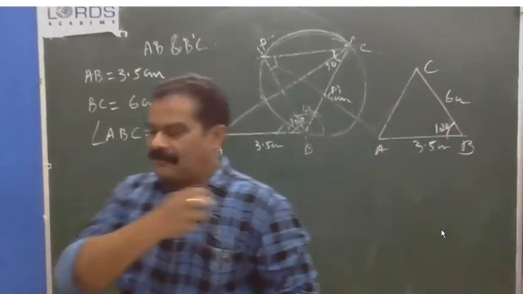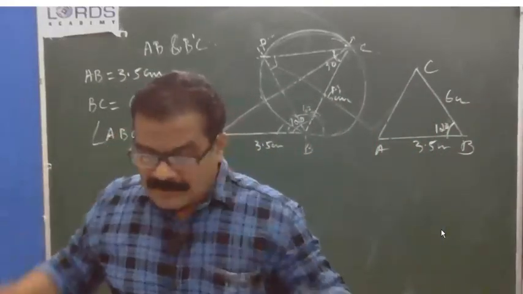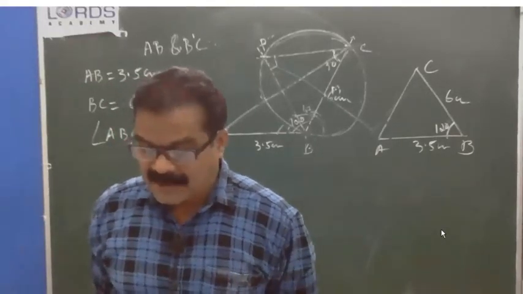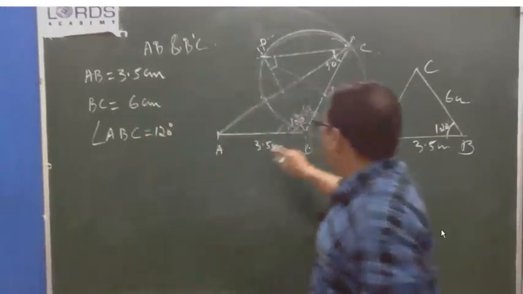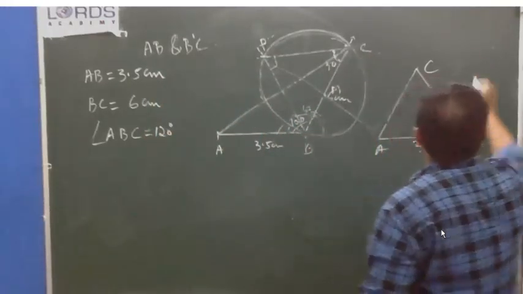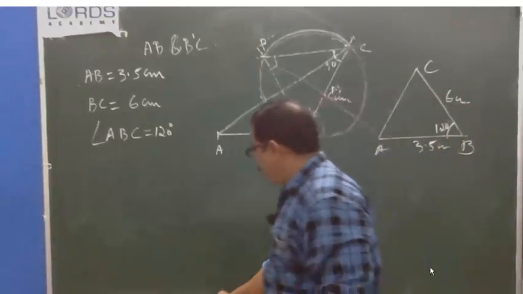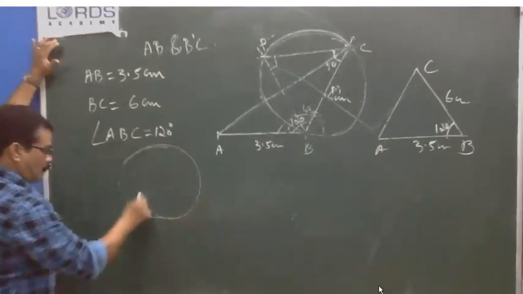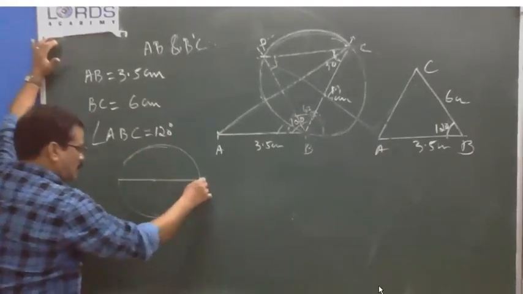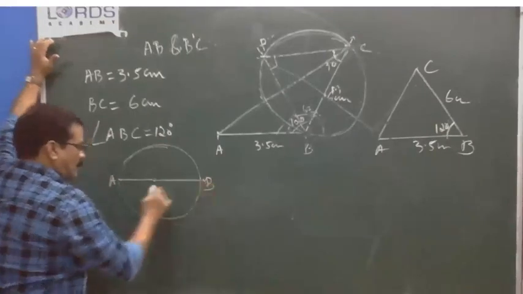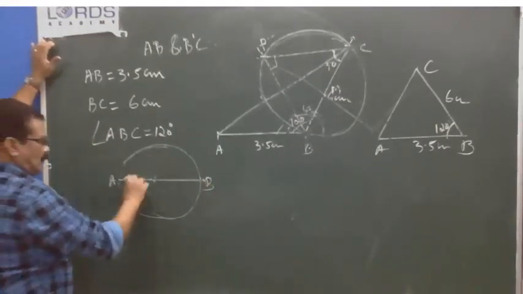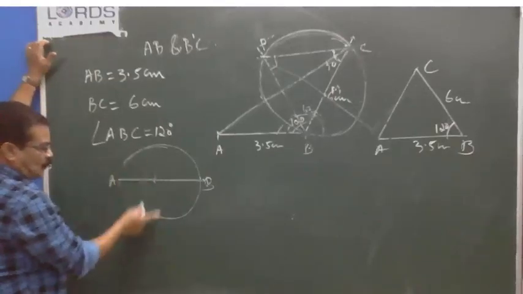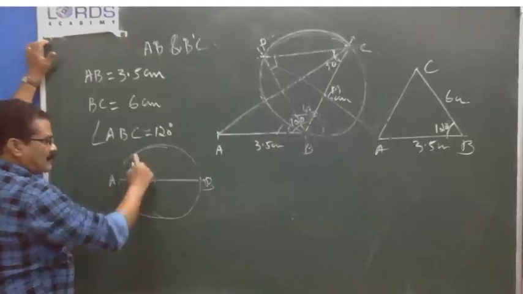Second portion, you read. That is, in the same diagram we draw a circle with BC as diameter. So BC is a diameter. For example, listen. Here is a circle. Suppose this is AB, a diameter. When you take this diameter, it divides this circle into two equal portions, that is semicircles.